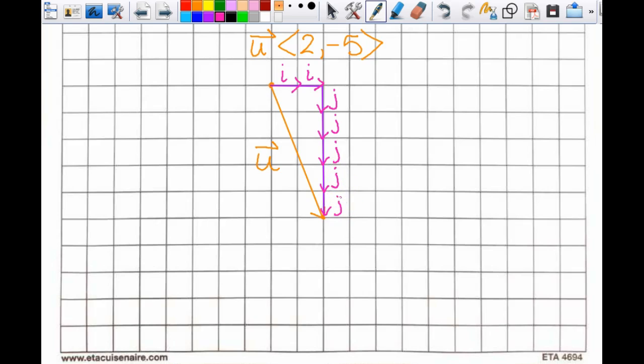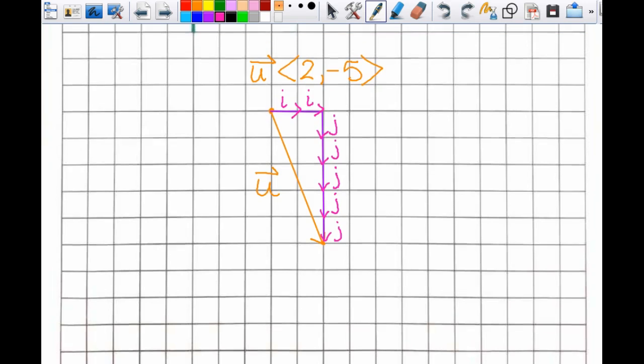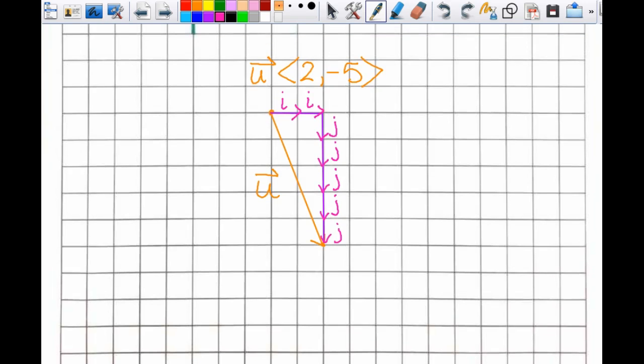I just want that on your notes so it kind of makes sense. Which means that the linear combination of unit vectors here is going to be 2I minus, because we're going down, 5J. And there's no brackets or anything there.